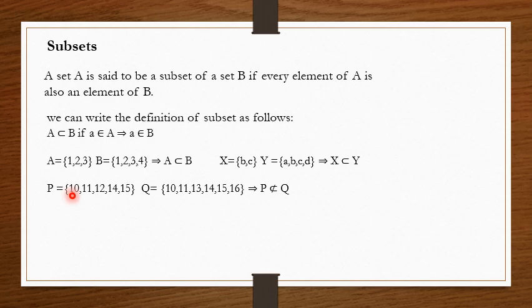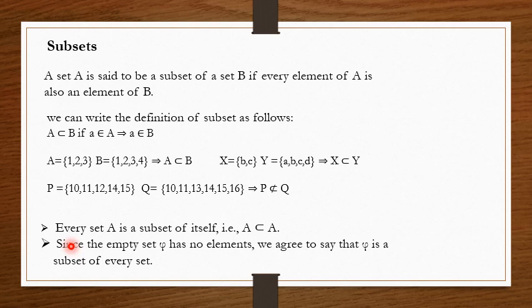Now 10, 11, 14, 15 are present in Q, but 12 is not present in Q. So we cannot say that P is a subset of Q. We need to say that P is not a subset of Q. Also, Q is not a subset of P. Why? Because 13 is not present in P. So Q is also not a subset of P. They are unequal and not subsets of each other.